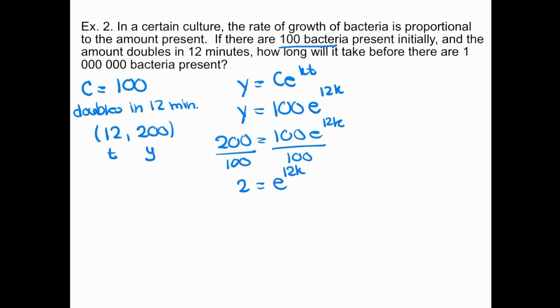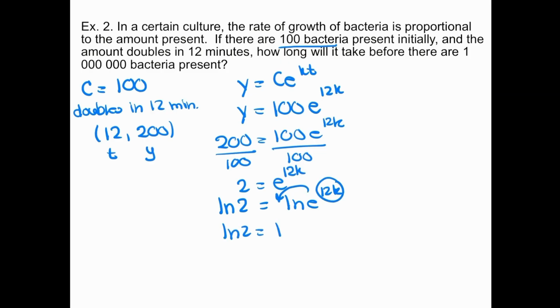Now we're going to use ln and take the natural logarithm of both sides. So we end up with ln 2, and that just allows us to bring the power down, times ln of E 12K. We're going to bring that power down.